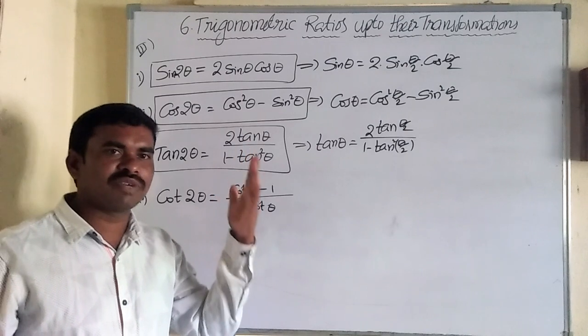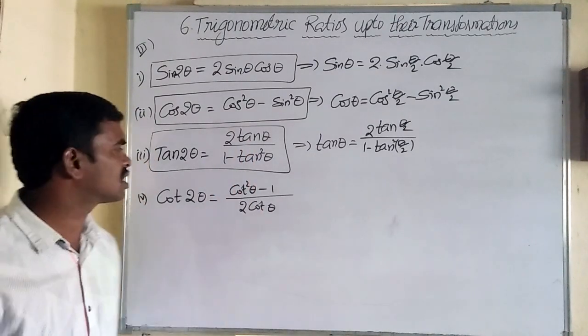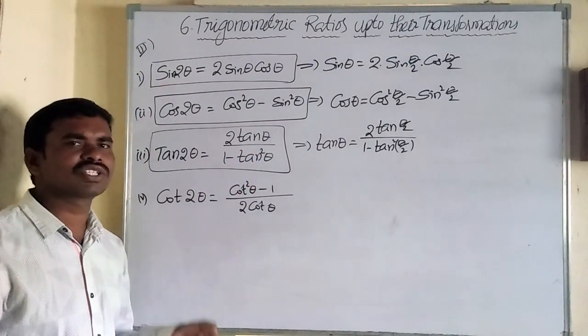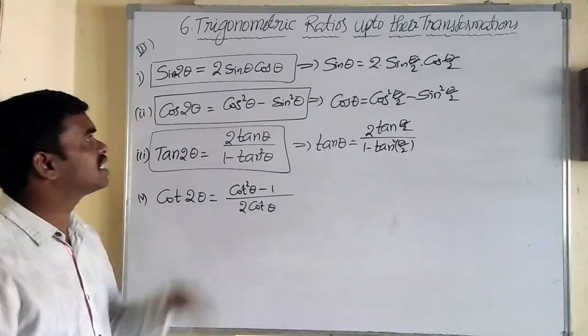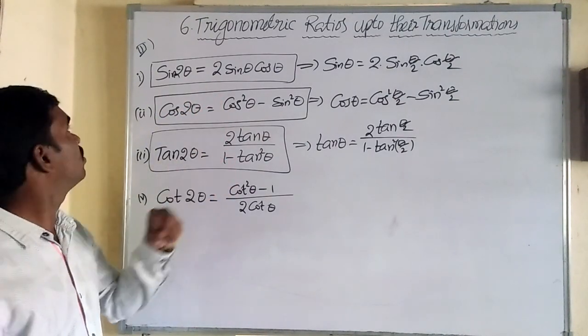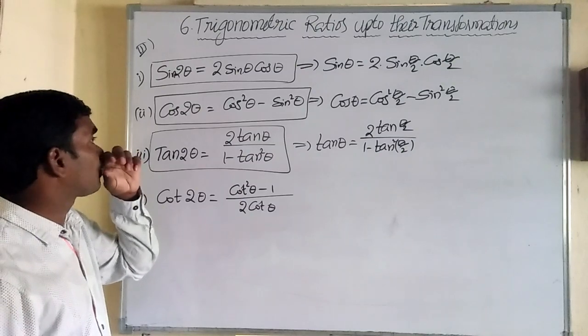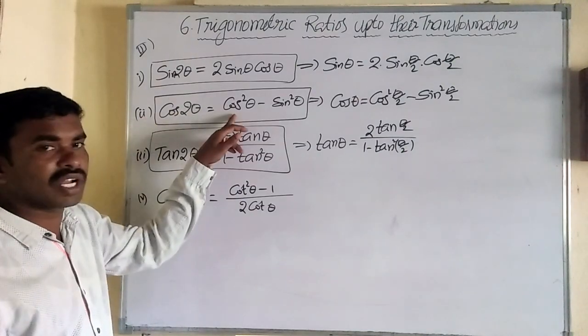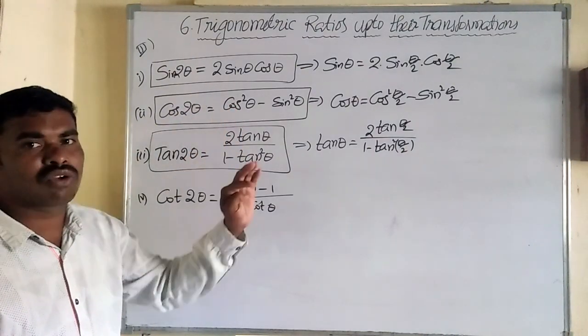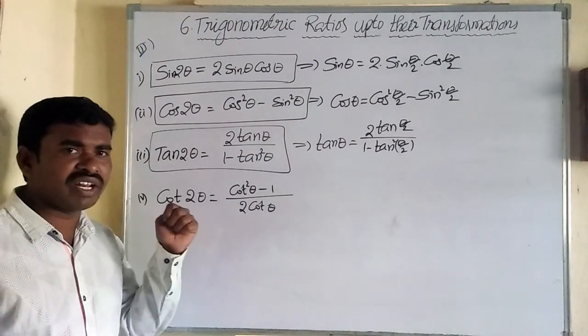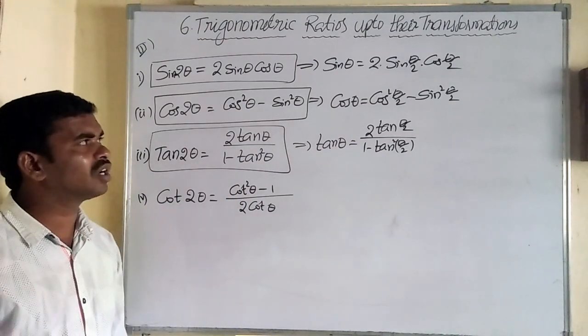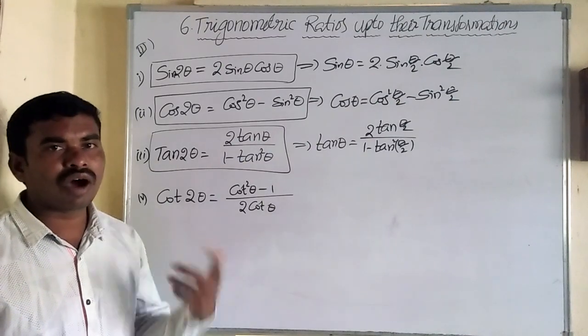Moreover, sec of a plus b, cosec of a plus b, sec 2 theta, cosec 2 theta formulas are not needed. These are enough. In the next category, based on cos 2 theta, we can find 4 more formulas. Those are very, very useful in problem solving, especially in long questions.